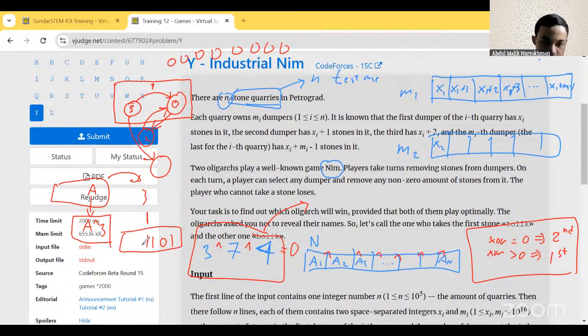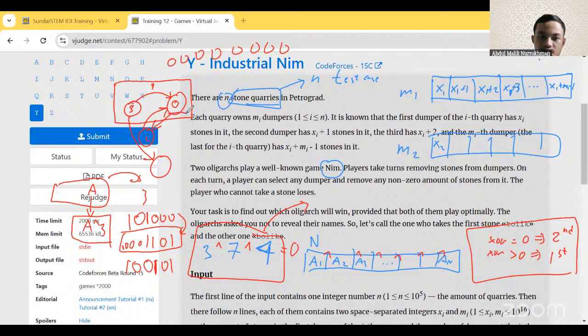And then if this bit is on, and we XOR with this, the result is always less than this, even if there is another bit before that. So there is always a way to make the XOR 0.